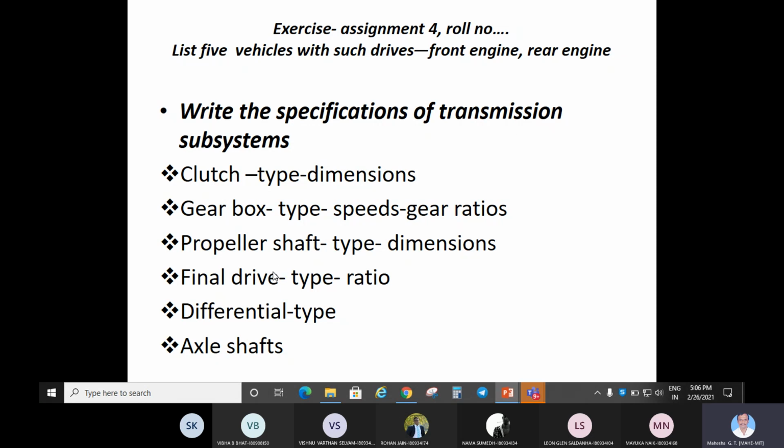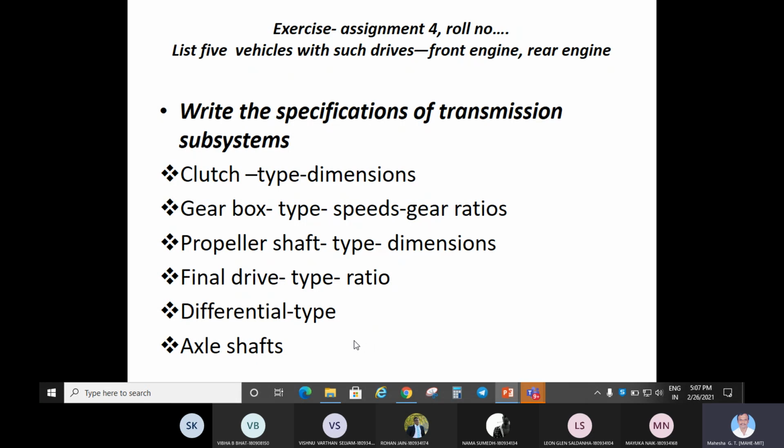Okay, final drive type you have to say, and maybe the final drive ratio also, which is available on their website or some reliable source for that particular model, a service bulletin or maintenance manual. Somehow you will get to know and you should be able to tell. Differential: what type of differential? Frictionless type or limited slip type, torsion, lockable differential, what type? You just mention it. Then axle shafts: what type of axle shafts are adopted?